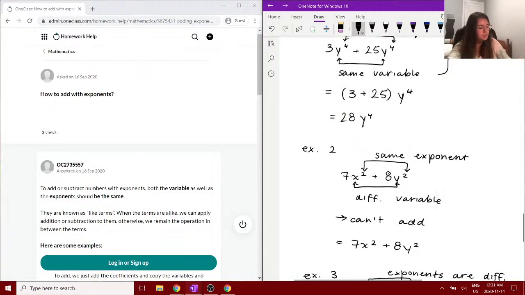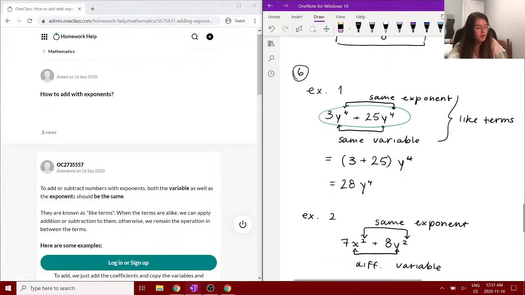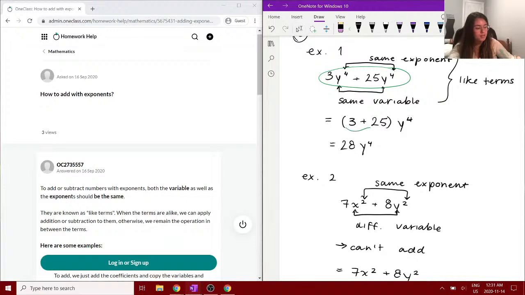Okay, so just to review, in this first example, when the exponents were the same and the variables were the same, then we were able to add the coefficients to the variables in order to get our answer.